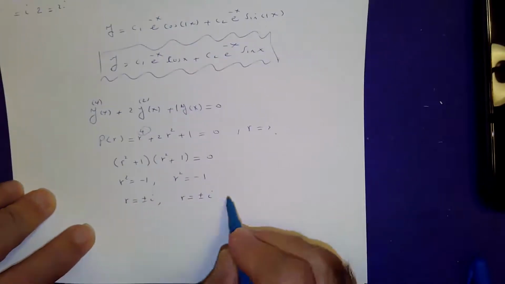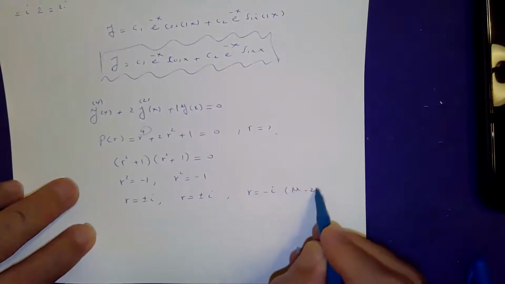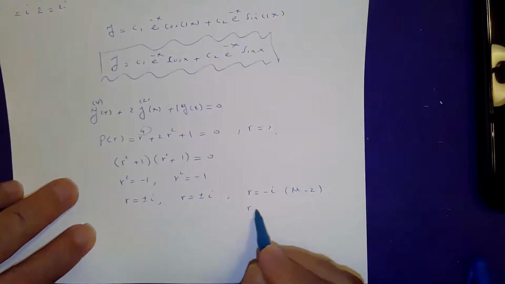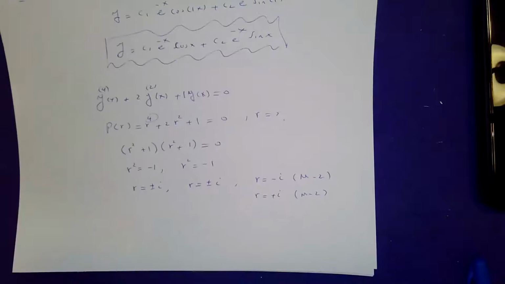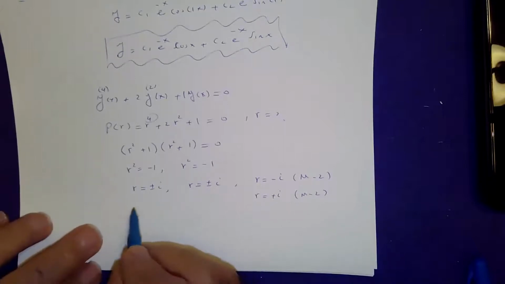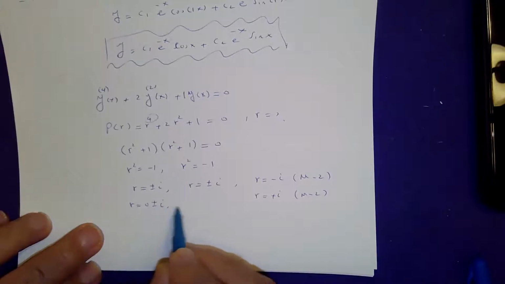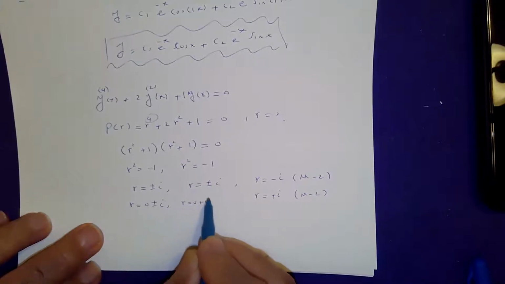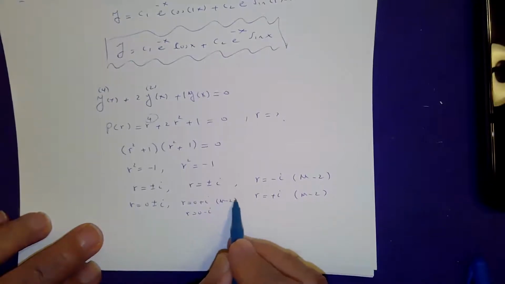So what does that tell us? That tells us r is equal to negative i with multiplicity 2, and positive i with multiplicity 2. Remember, each of these is 0 plus or minus i, meaning 0 plus i and 0 minus i, but each of them is repeated.